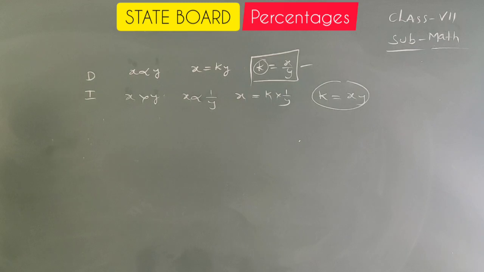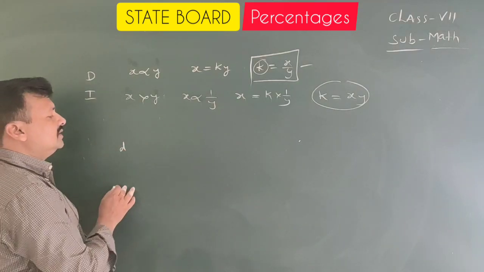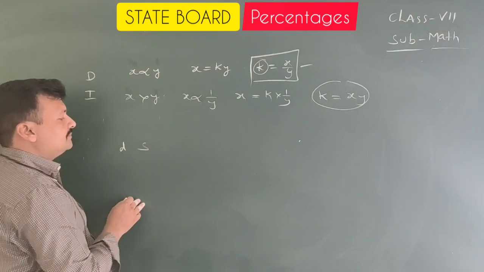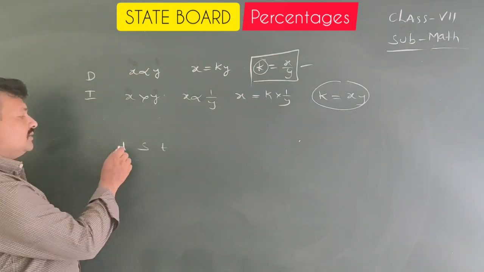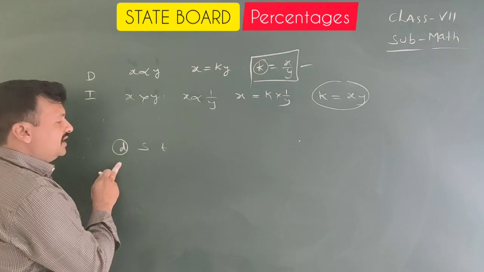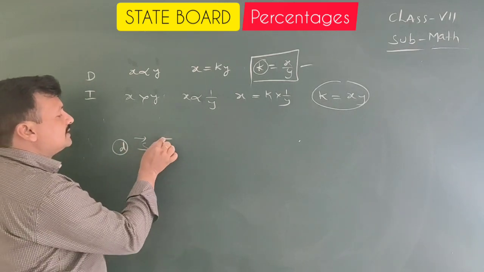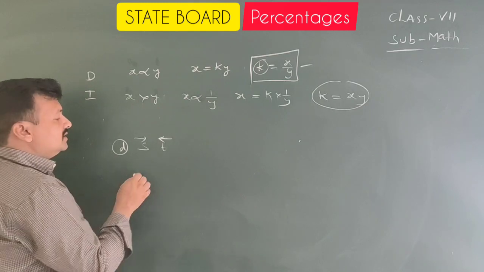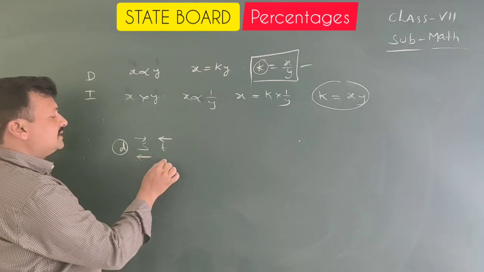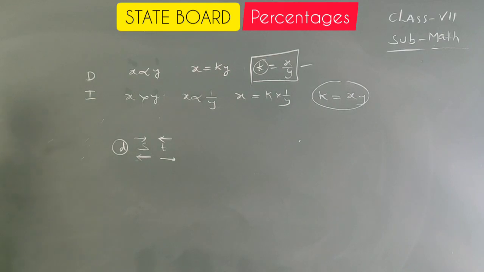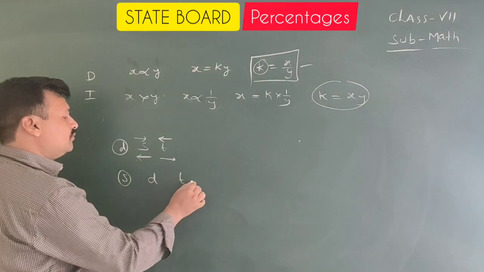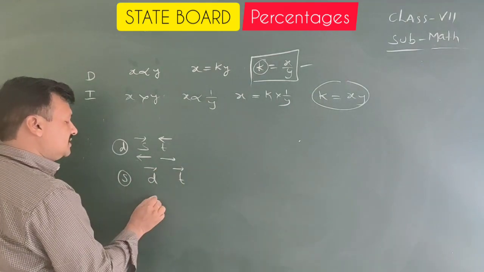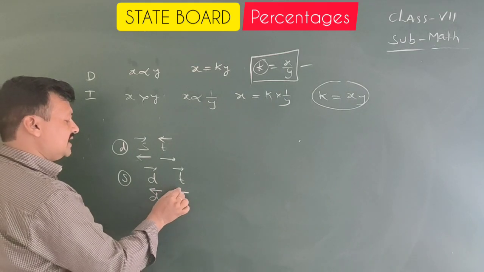Here, if the distance is the same, when speed increases, time decreases. When speed decreases, time will increase. If the speed is the same, more distance takes more time and less distance takes less time.